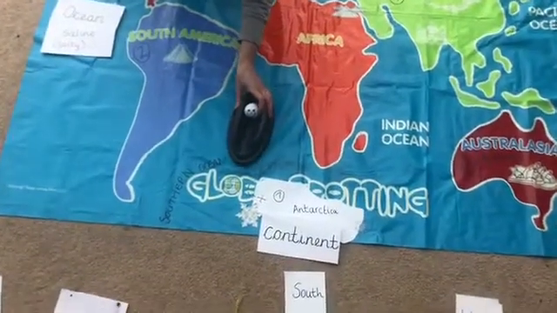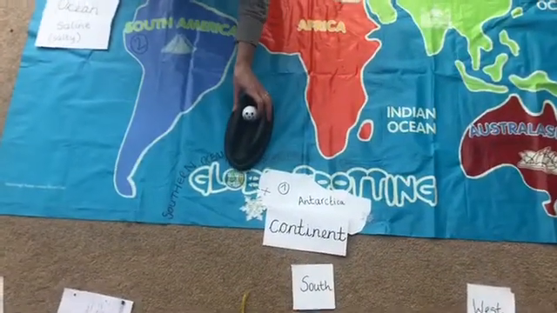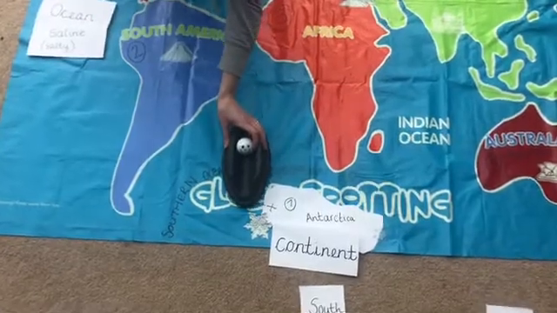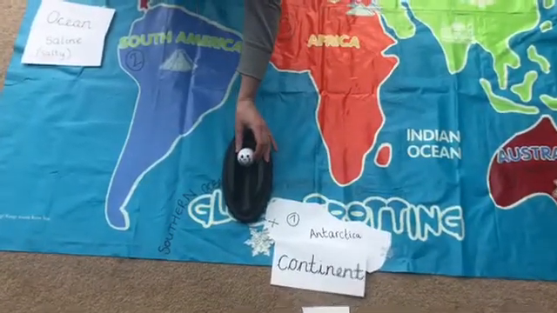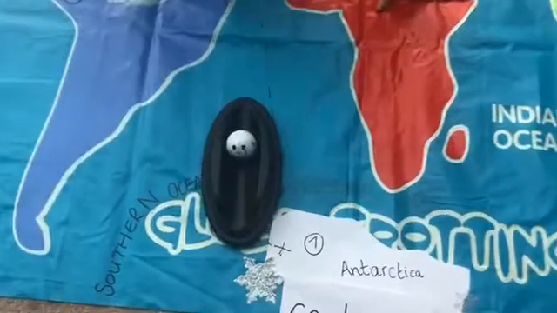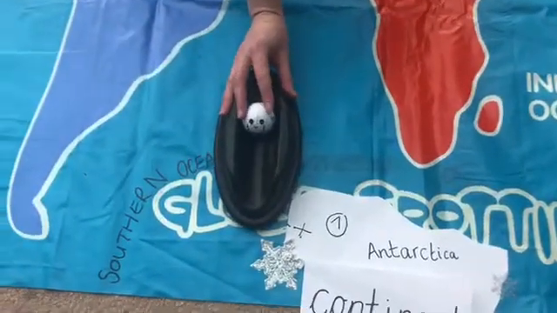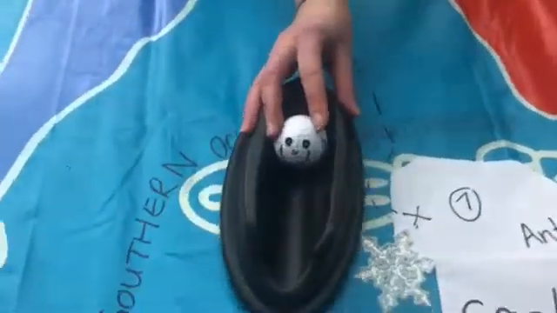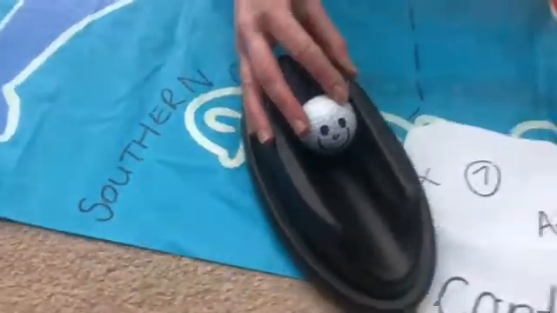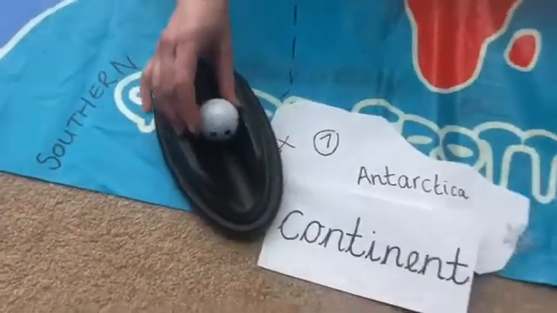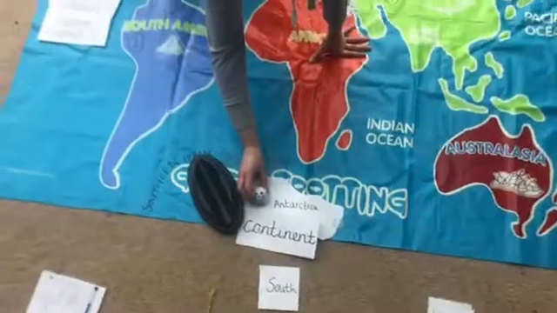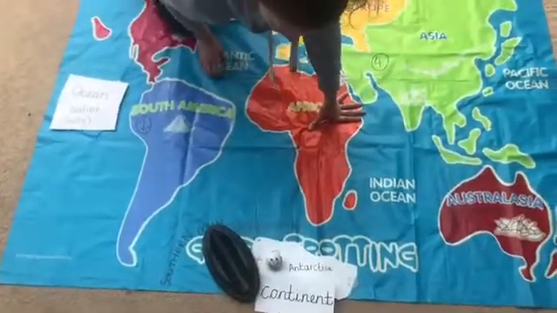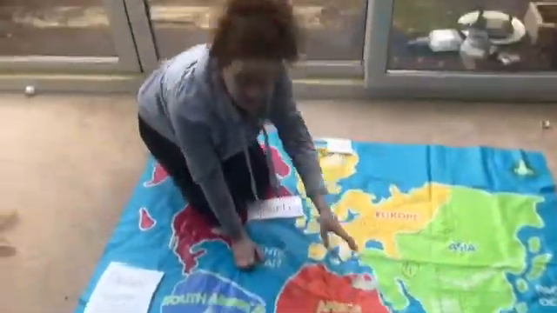I might start to see those icebergs. I might start to see some of those animals that live in Antarctica and some of the whales that live in the Southern Ocean. And then I will get to the very southern point where the South Pole is, to the continent Antarctica.